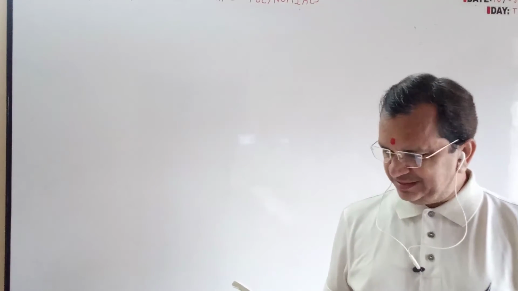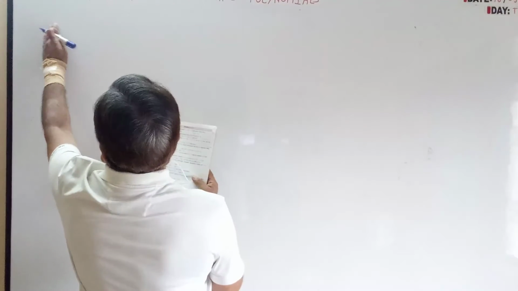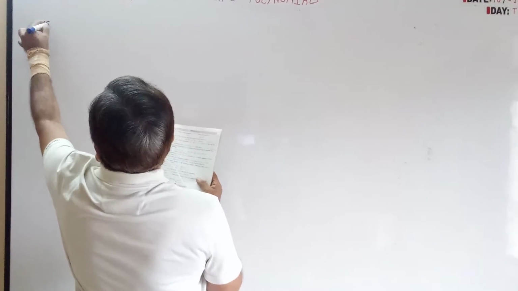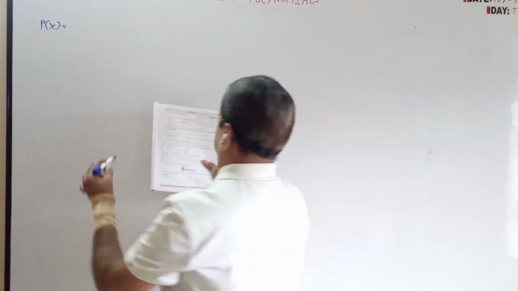Seven, 8 is also like that. 9. P of x and Q of x are given. This is visible, no?